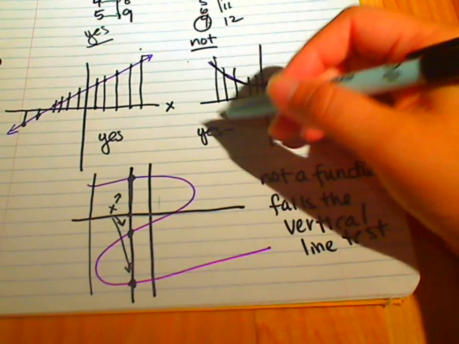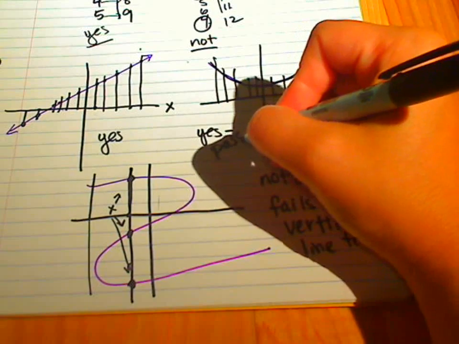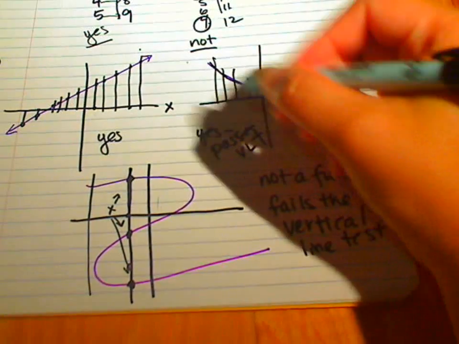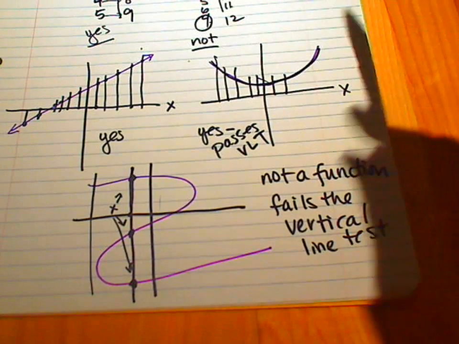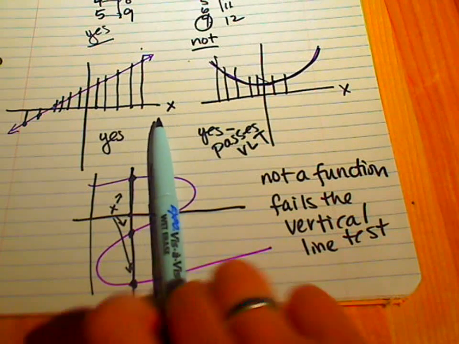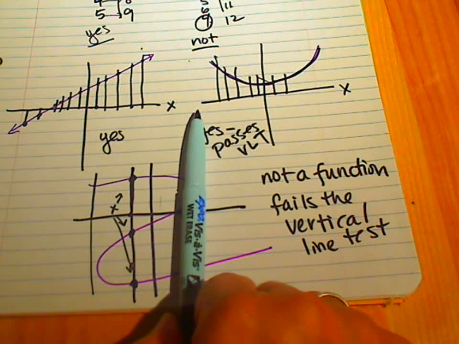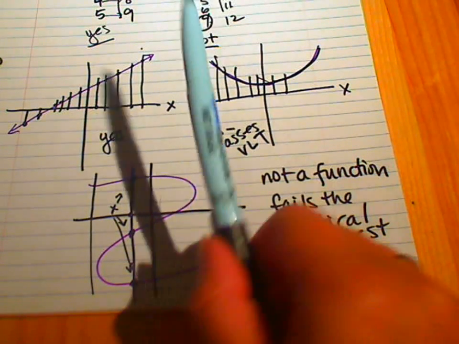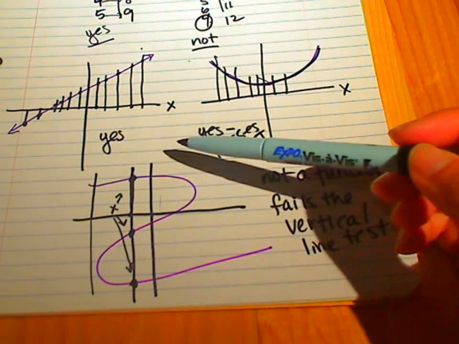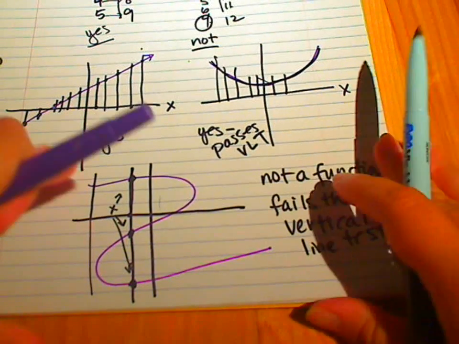This one up here is a function because it passes the vertical line test. So does the other one. Vertical line test is making sure any perfectly straight up and down line only would hit the graph one time. If it goes through more than one time, it fails the vertical line test.